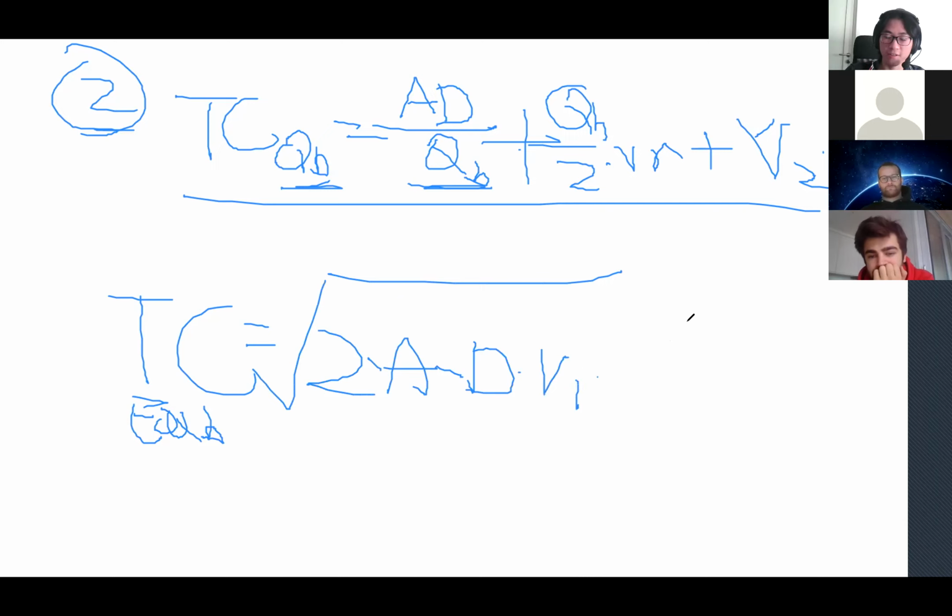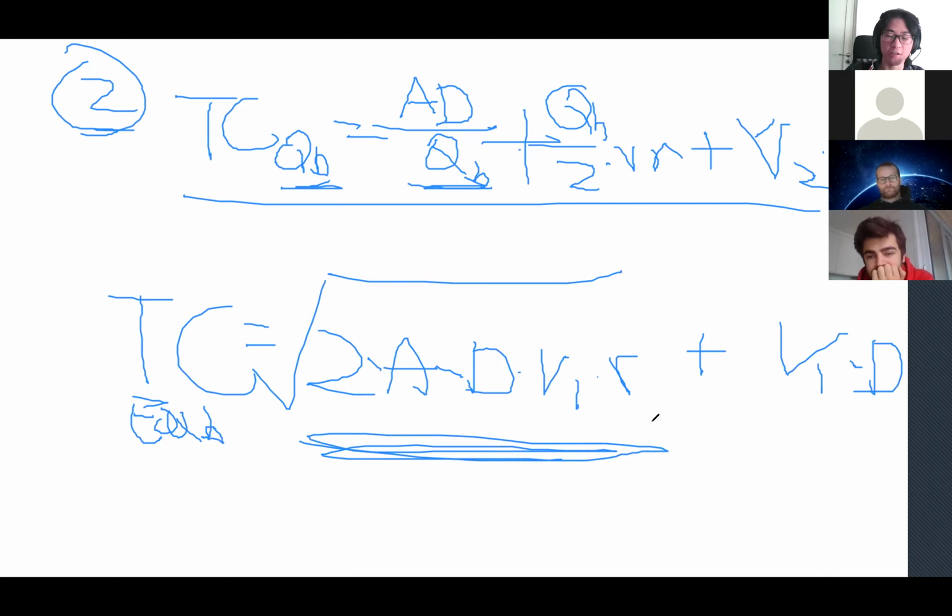I'll use V1 to indicate that it's the original price. This is the combination of the total cost of the ordering cost and inventory holding cost. You can deduce this, or you can just use it because it's given by the book. And this part is the purchasing cost, the cost of the units.